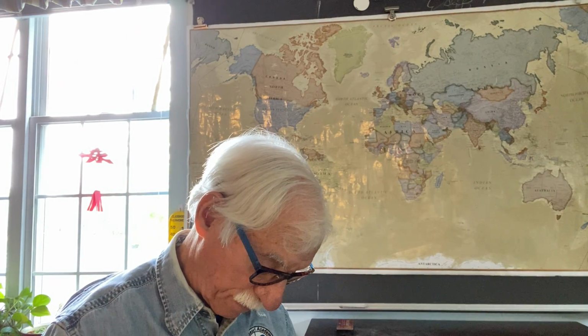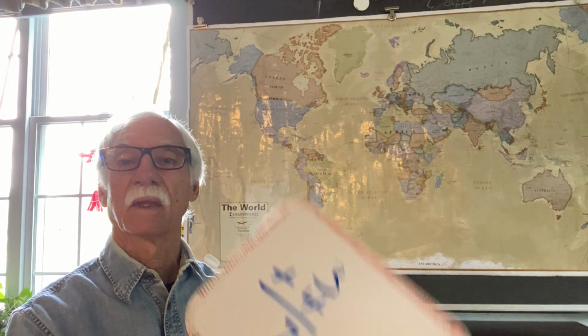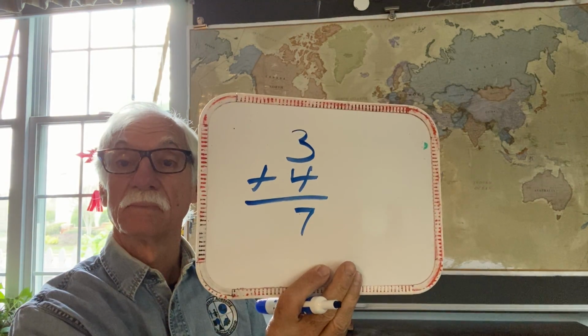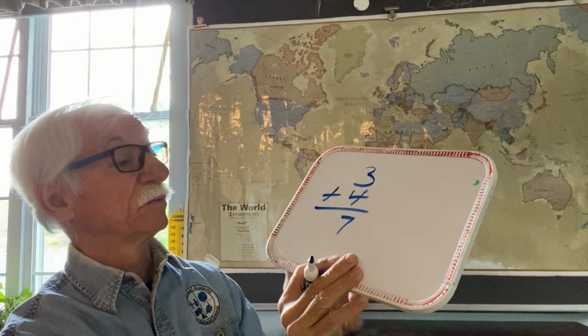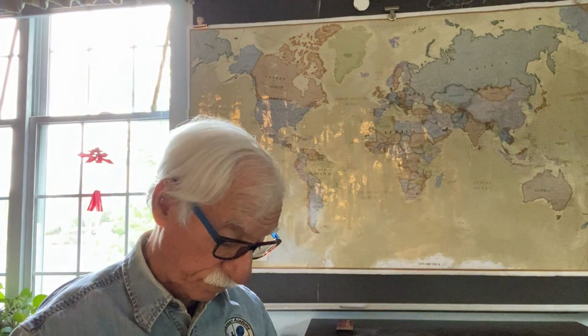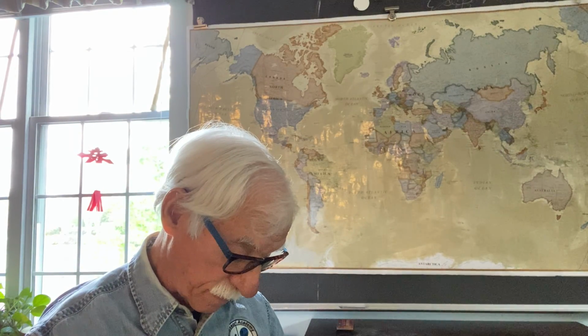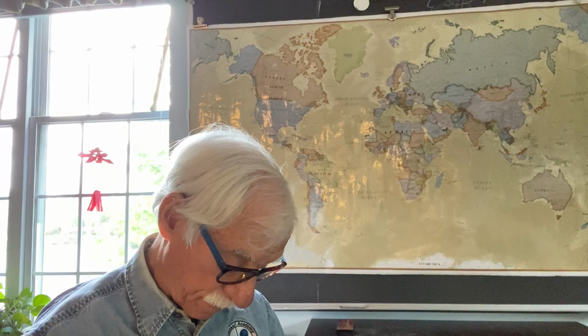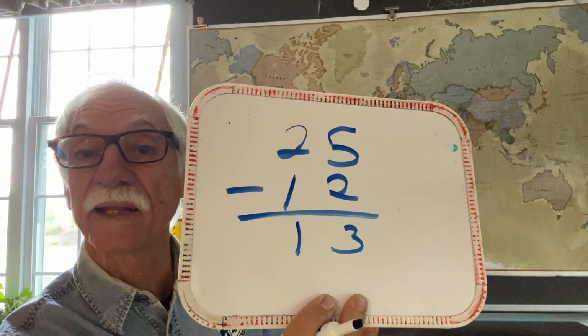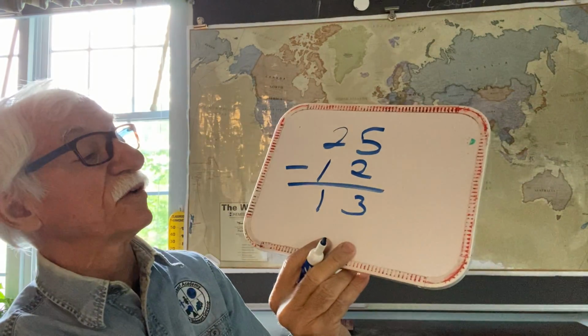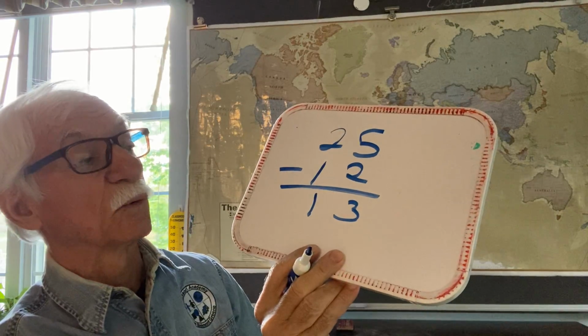And when we're working with whole numbers, we can add them up. 3 units plus 4 units, 7 units. We can subtract them. 25 take away 12 equals 13.